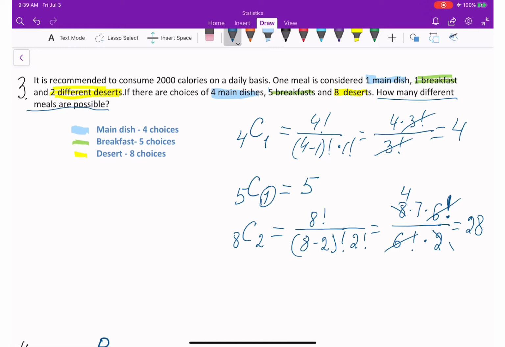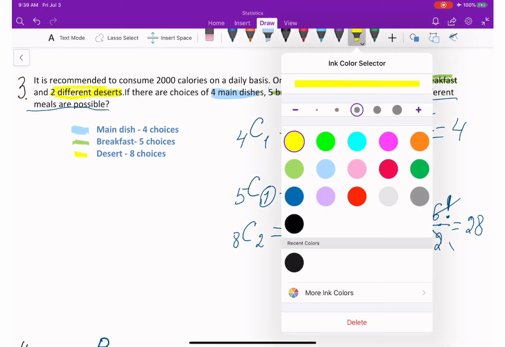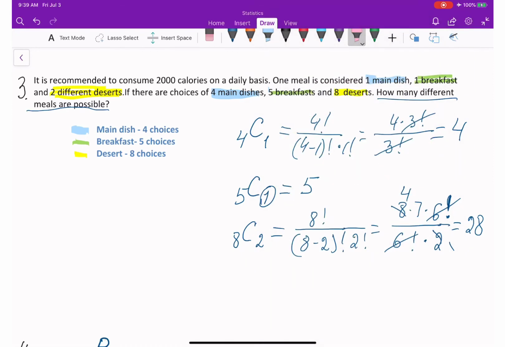All right. So from here, we got all these choices. So total, how many different meals are possible? Let me see. 4, 5, and 28. We multiply by each other. 4 times 5 and then times 28.